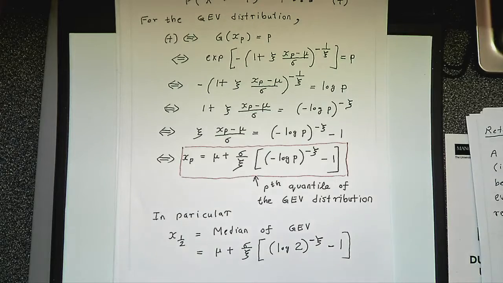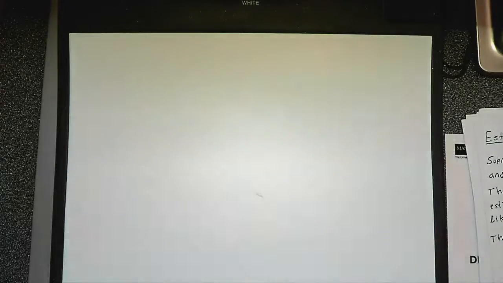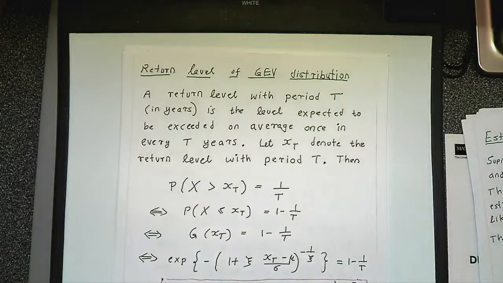All right. And then the next is the return level. Return level is basically a value of the random variable that will be exceeded once in every t years. So t is an integer. It can be 10, 100, 1,000, 10,000, and so on.